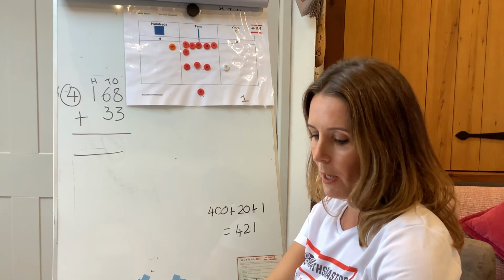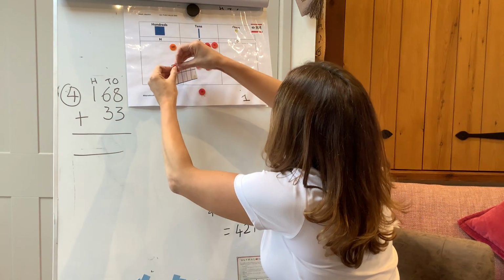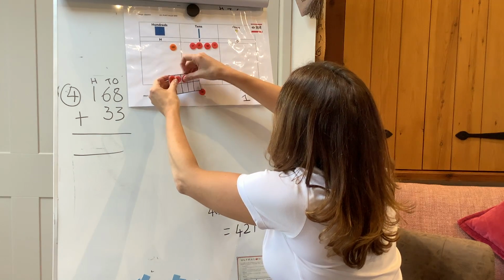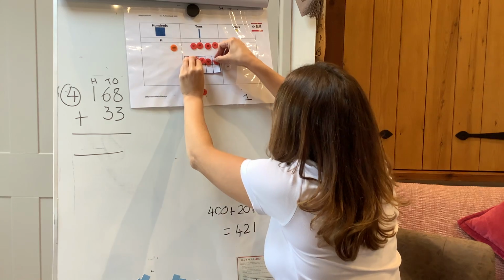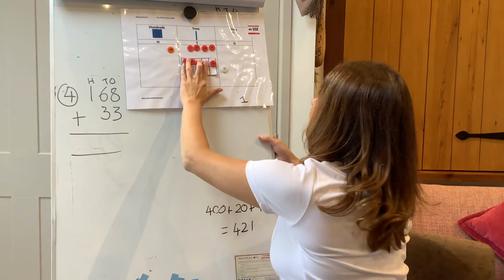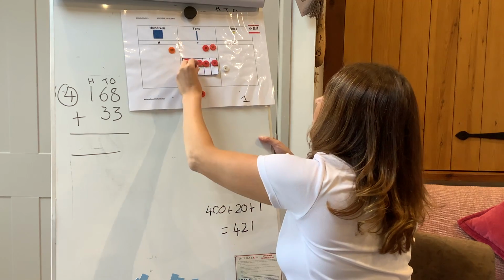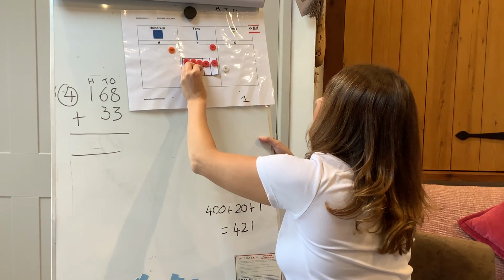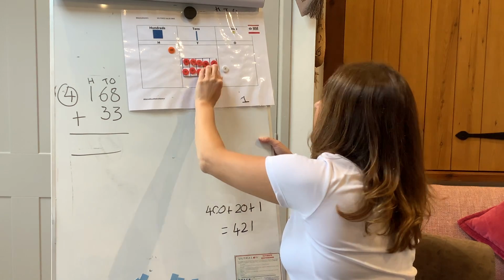So we need to do some exchanging again, and we can see this. We place these onto our 100 frame, like so.